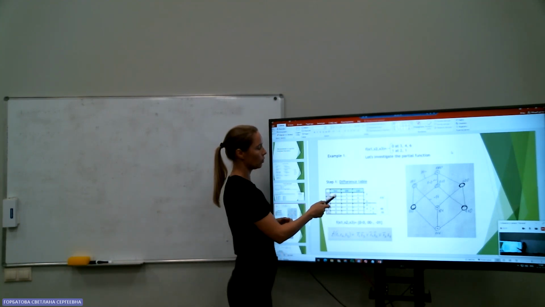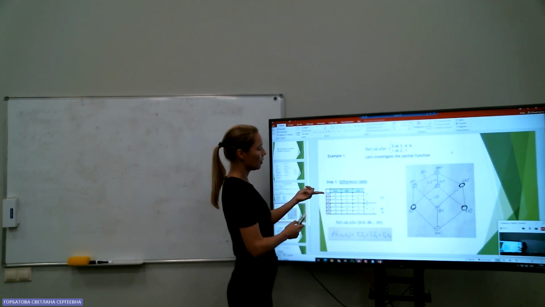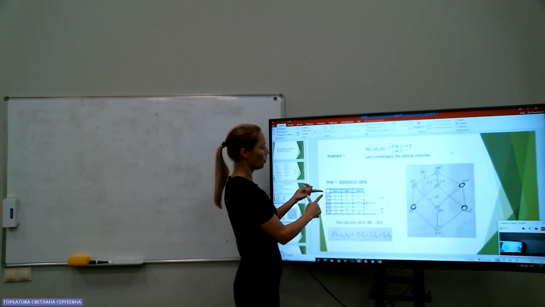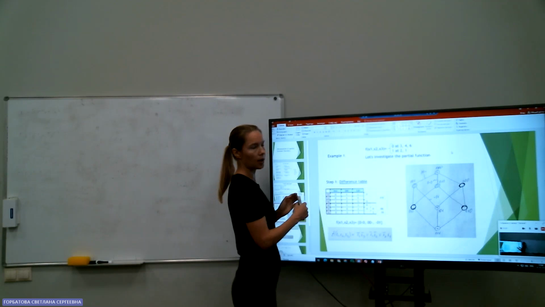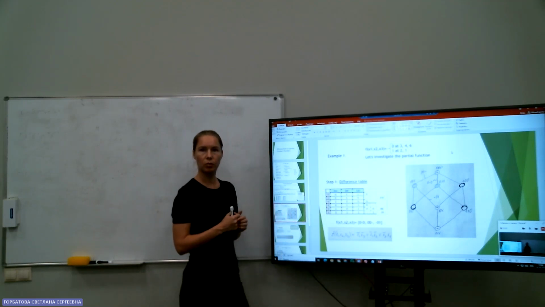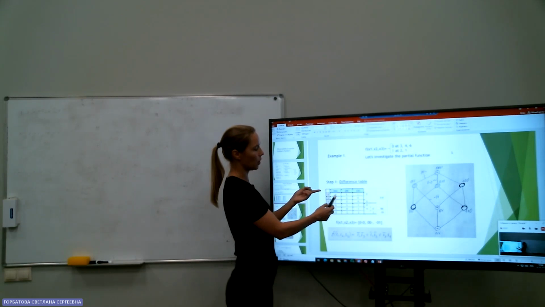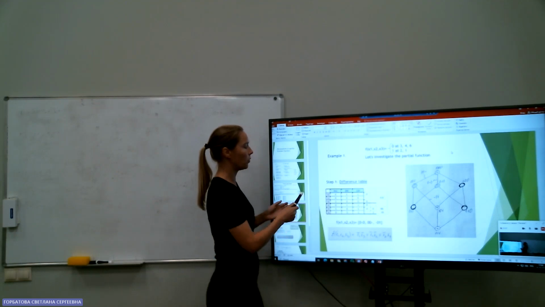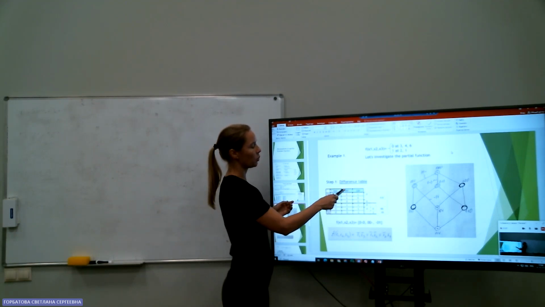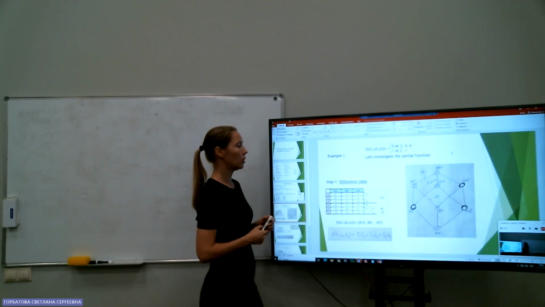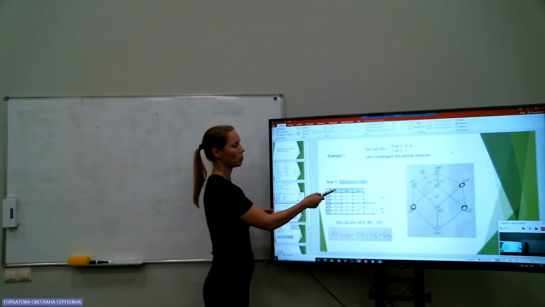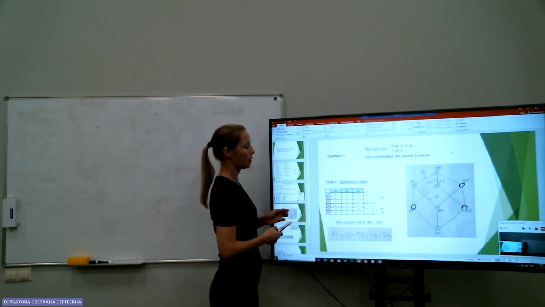Then digit 0, because the first position of points where function equals to 1 and points where function equals to 0 is the same. So no difference between them. 0, 0, no difference, that is why 0. The next cell, it is first row and first position of points where function equals to 0, the second column.